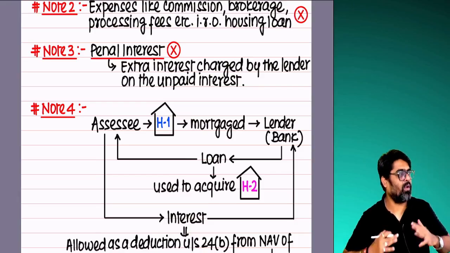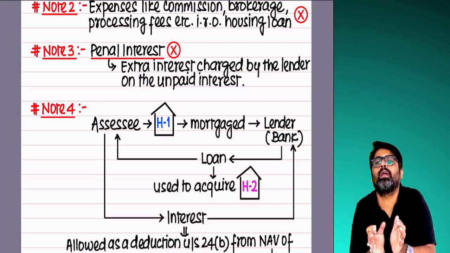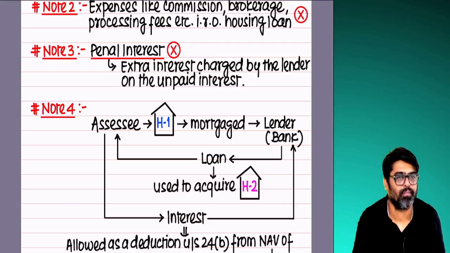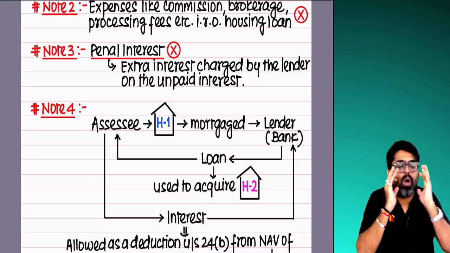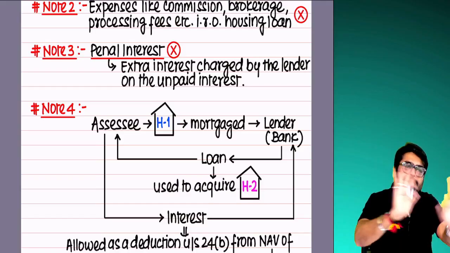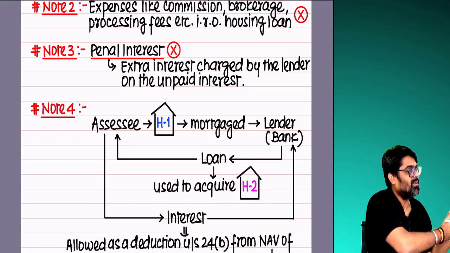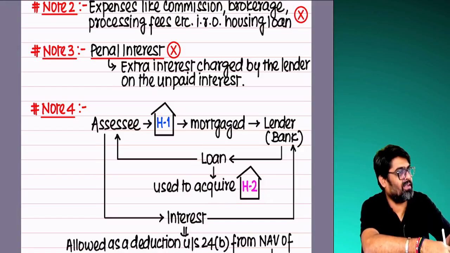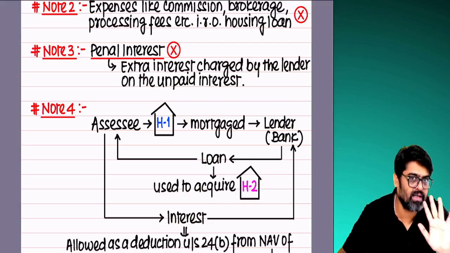We are going to allow interest on housing loan only. Interest on this interest, meaning penal interest, is not allowed as a deduction.